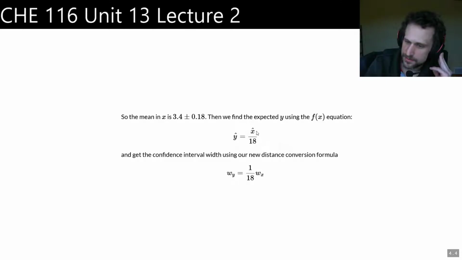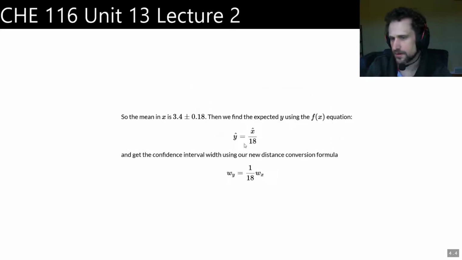So then to get the, did I write the derivative? Okay, I didn't write it out. So the derivative of this, right, is going to be 1 over 18, right? So the derivative of this expression is 1 over 18 with respect to x. So dy dx is 1 over 18.